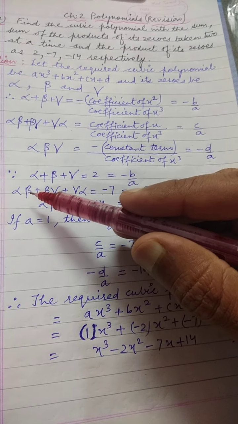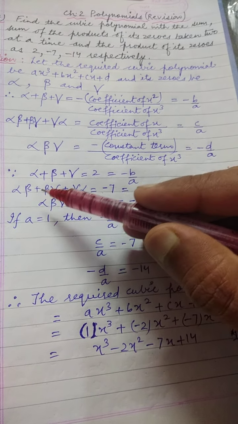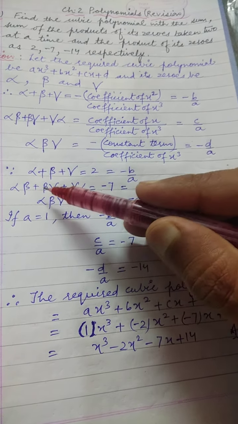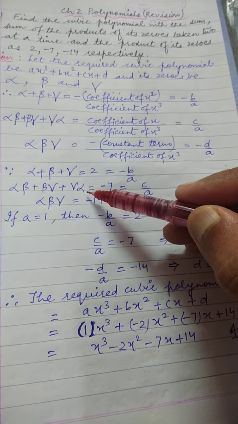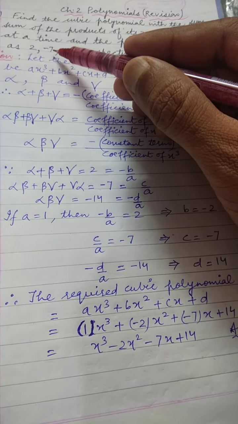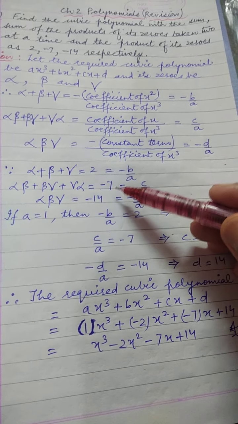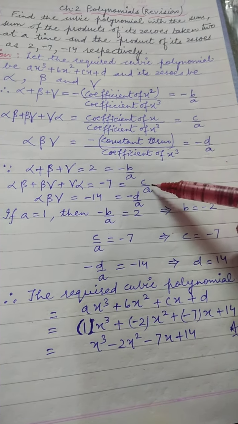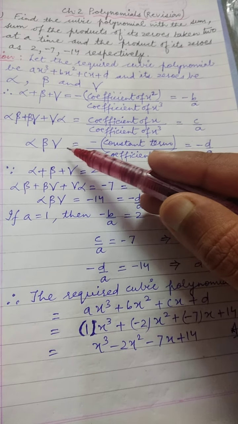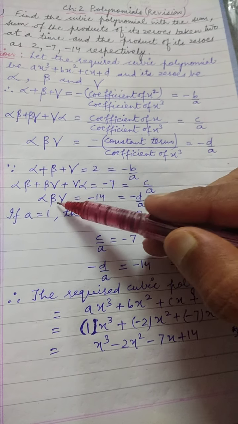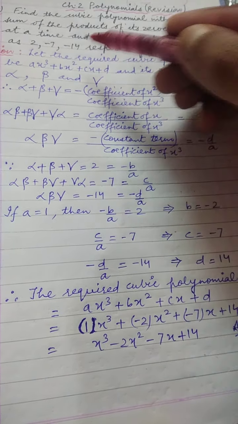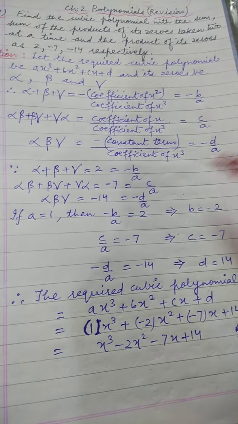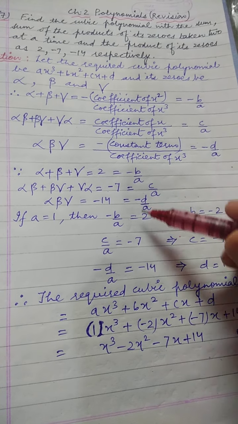Then comes our sum of the product of the zeros taken two at a time, alpha beta plus beta gamma plus gamma alpha, and it is given in the question as minus 7, so we equate minus 7 to this c upon a. And lastly the product of the zeros, that is alpha beta gamma, is given in the question as minus 14, so we equate minus 14 to this minus d by a.